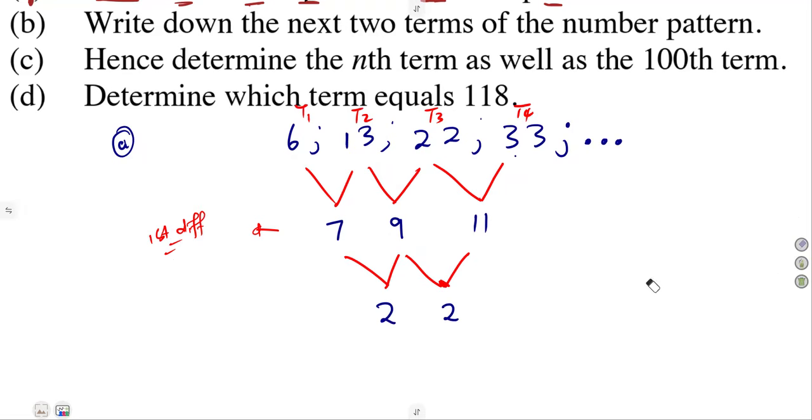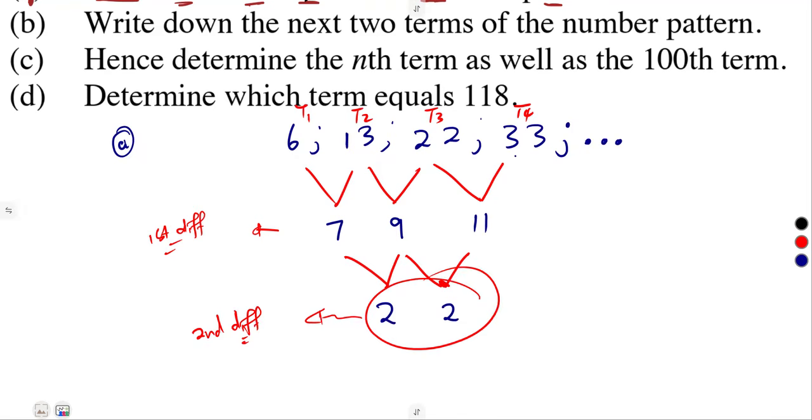So as we can see, on our second differences, they are actually the same. It is constant. So that's a quadratic pattern, since we have a constant second difference. Therefore, it is a quadratic.